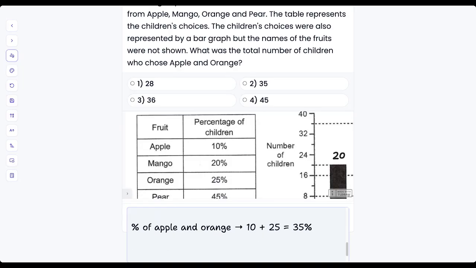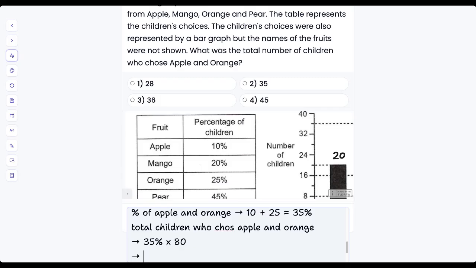Okay, so now the total children who chose apple and orange is basically 35% times 80, which is equal to 35 out of 100 times 80.